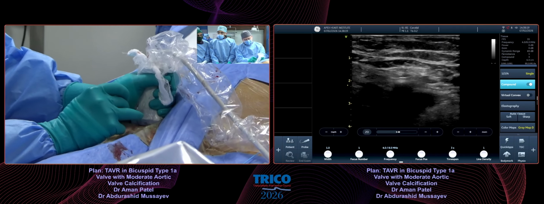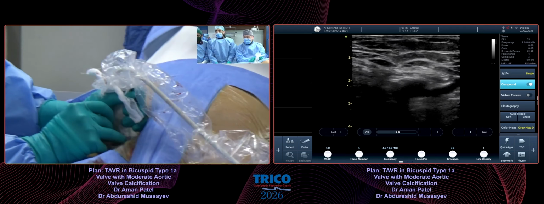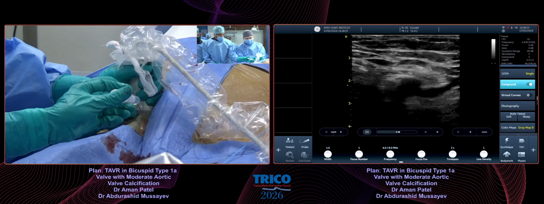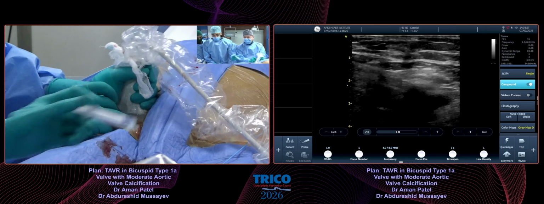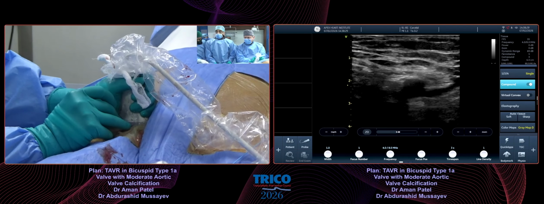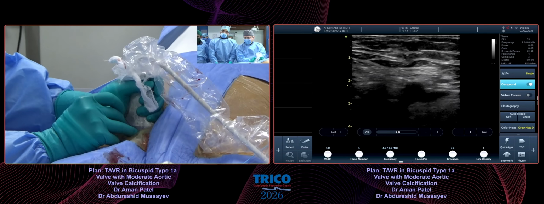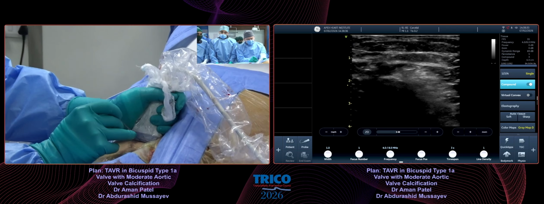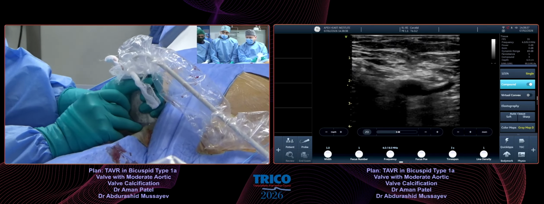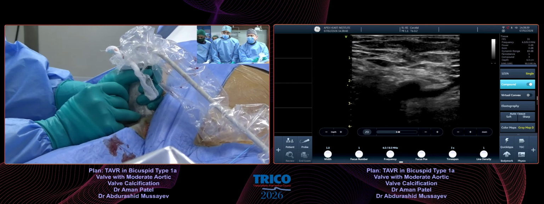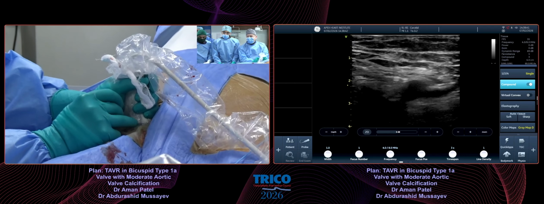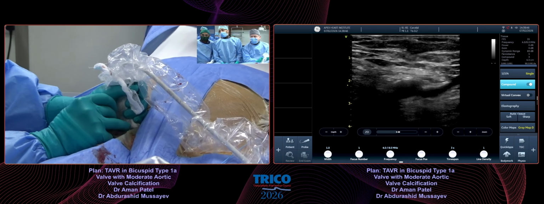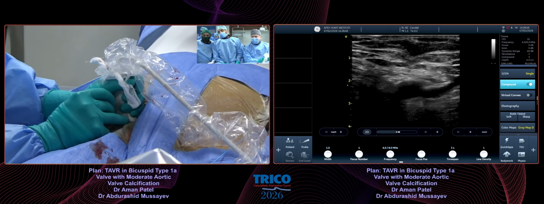As much as ultrasound-guided access improves access safety, you also have to be careful, because if you only use ultrasound guidance, you have a risk of higher puncture and then later a concern about retroperitoneal bleed. But here we have a good understanding of where the femoral bifurcation is, and as long as we can do ultrasound-guided access on a short axis just above the bifurcation, the chances of your large bore access being safe is pretty high.